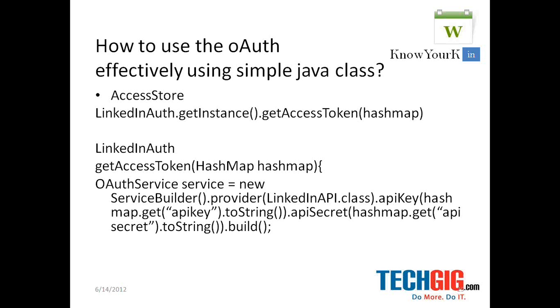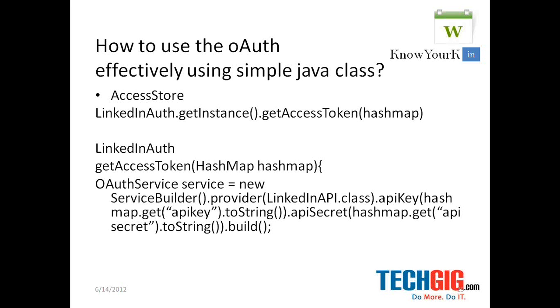So for that case, we come up with different ideas where you store your LinkedIn authorization in your client machine or the drive itself. That's when I came up with this kind of code where you pass a hash map, the authorization, the user key and the user secret key are passed to the hash map.